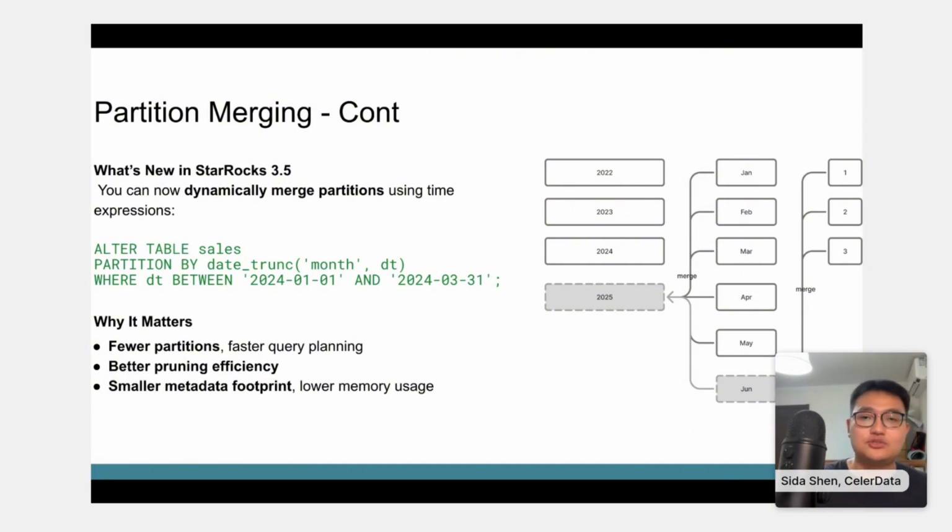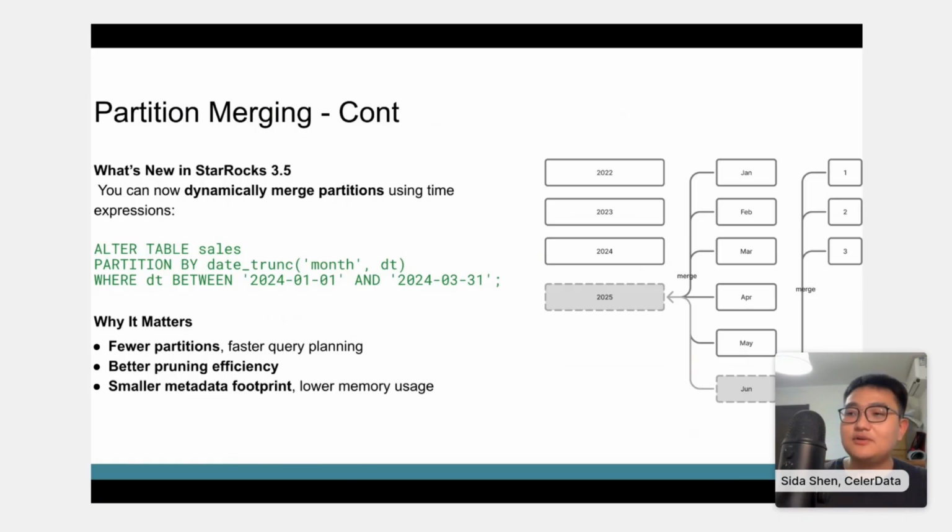Then you just alter this sales table and partition everything by month, where the date time is between this. So for anything between January 1st, 2024 and March 31st, 2024, everything is going to be partitioned by month instead of by date.